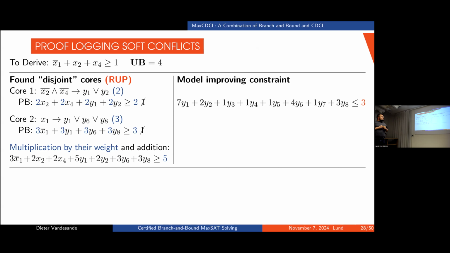Okay, but I told you by the optimization support of VeriPB, we can always derive a model improving constraint, saying I'm searching for a strictly better solution, and if I can prove optimality, then I will be able to prove a contradiction from that. But we can use now this model improving constraint.